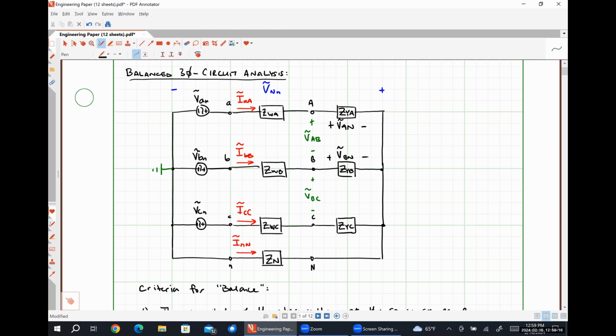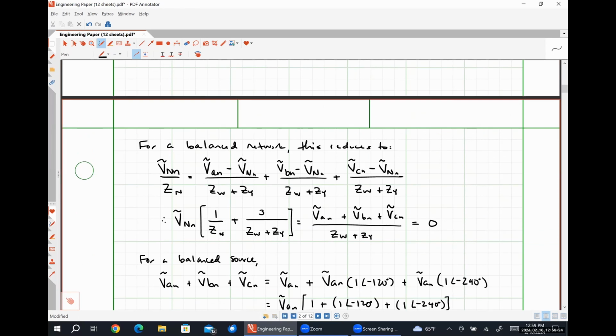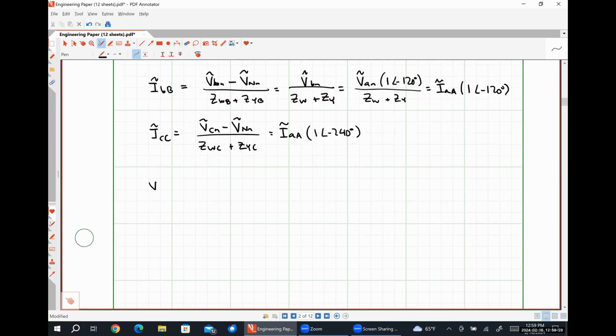And when we do a little bit of math here in just a moment, our line voltages are also always going to be separated by 120 degrees, right? So let's play around with that really quickly. Just looking at some things here, VAN, by definition, is going to be IAA times ZY.